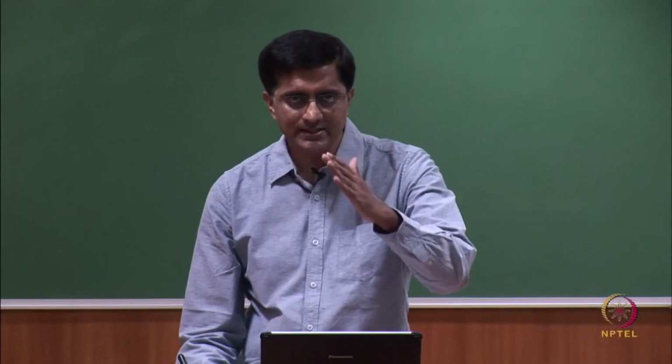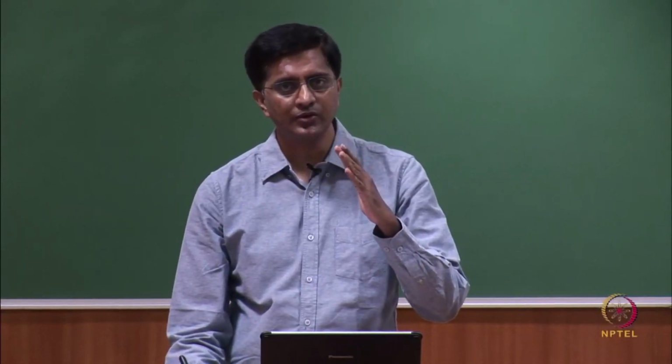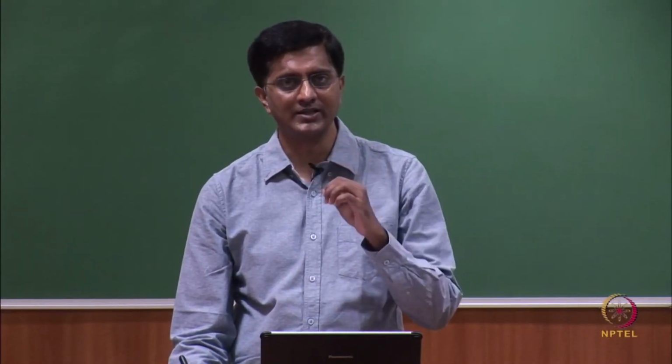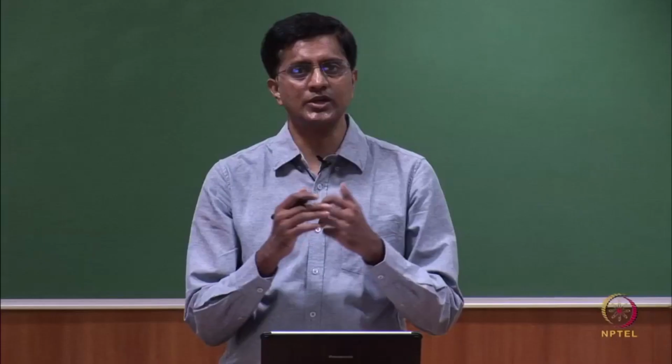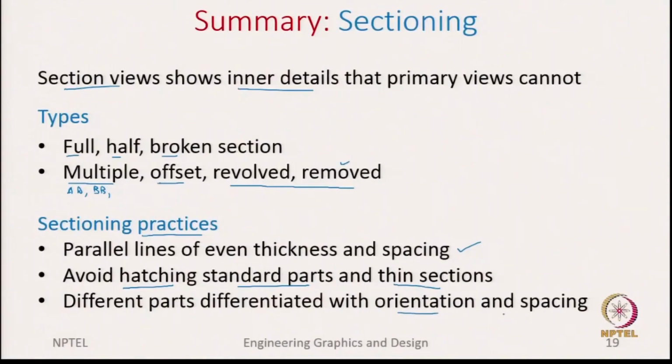Even though your cutting plane is cutting through some of the objects, we need to avoid showing the hatching, especially for standard parts, shafts, bolts, rivets, and thin sections like the ribs we have discussed. And finally, if you have an assembly with multiple components on the sectioning plane, then we differentiate the different objects by choosing a different orientation or spacing for the hatching lines.